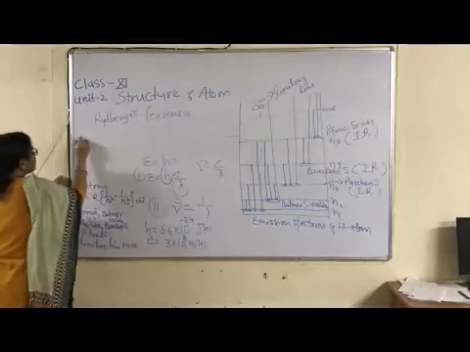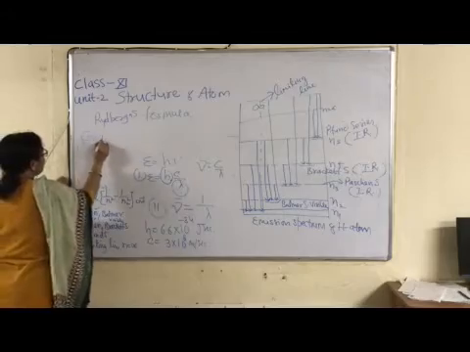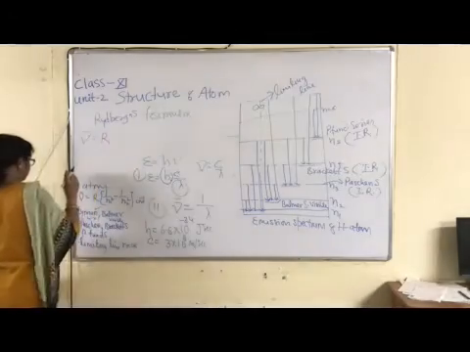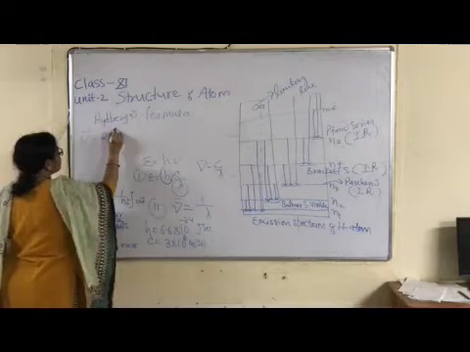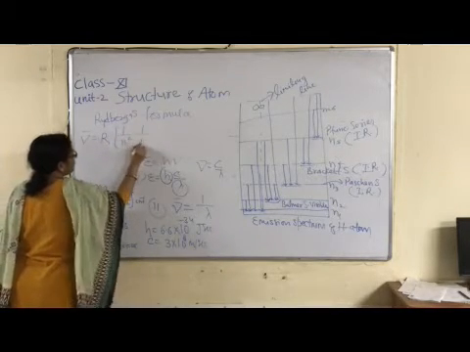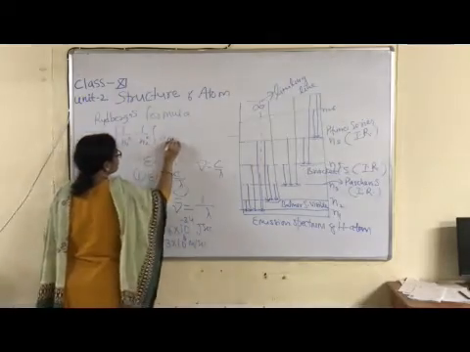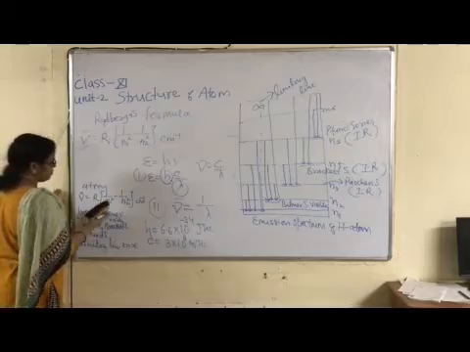Rydberg formula is given for calculation of wave number, nu bar. Nu bar is equal to R, which is Rydberg constant, times 1 upon N1 square minus 1 upon N2 square, and this is wave number, unit is centimeter inverse.